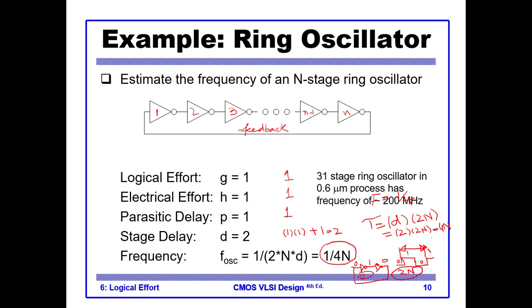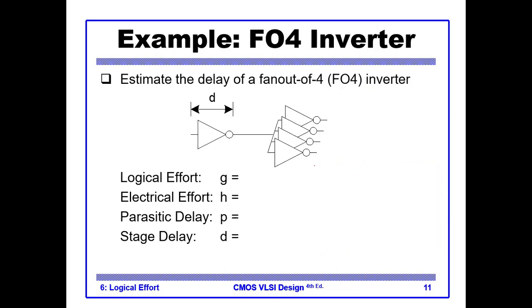Now here is a statement. Our 31 stage ring oscillator, which has 31 inverters, in a 0.6 micrometer process, has a frequency of 200 megahertz.